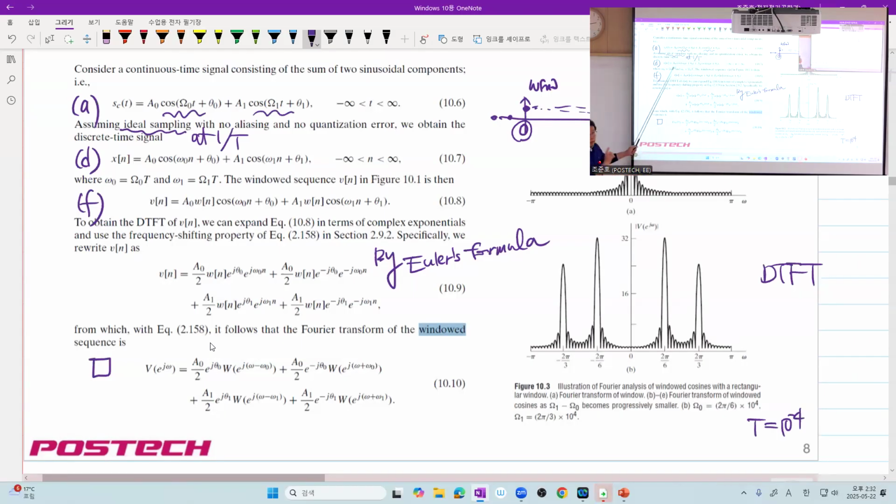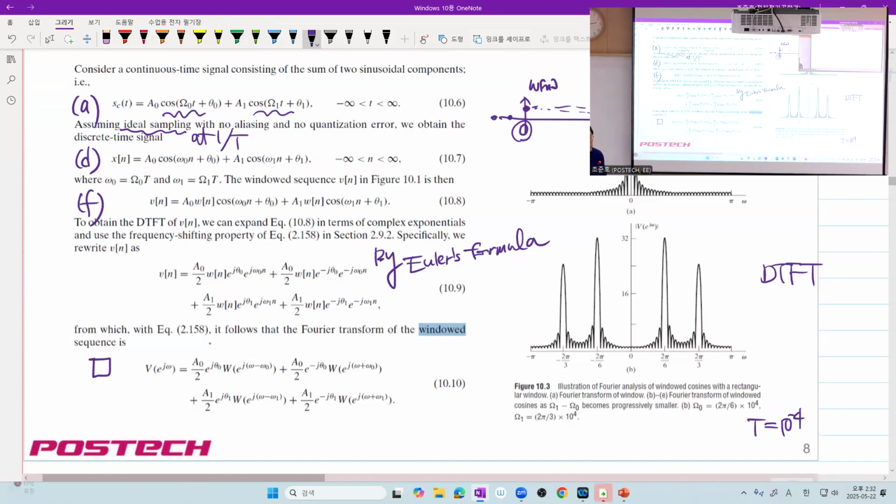So you have an original continuous time signal consisting of two sinusoidal signals, all real valued. And their radian frequencies are different. The first term has capital omega 1, the second one has omega 0 and omega 1, and phase doesn't matter much. But anyway, we have this case.